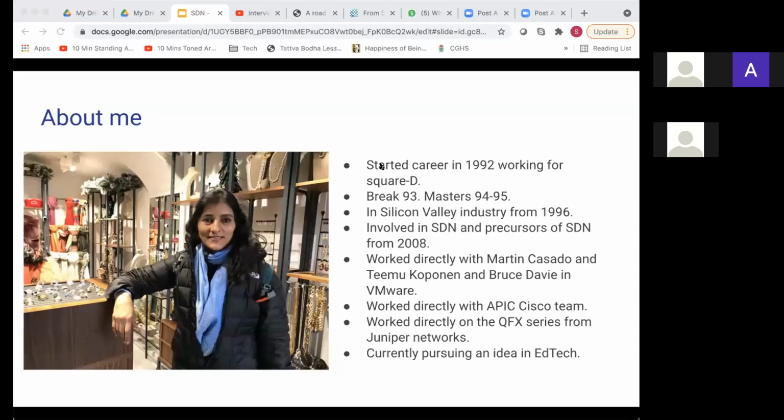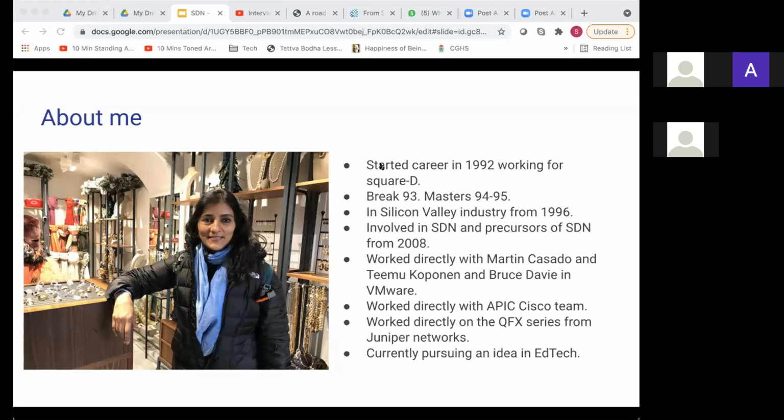One sec. A little bit about me. Arnesh already mentioned I started my career in 1992, working for Square D in Chennai, but immediately took a break and then did my master's. I've been in the Silicon Valley industry from 1996. I've been involved with SDN and the precursors of SDN from 2008.